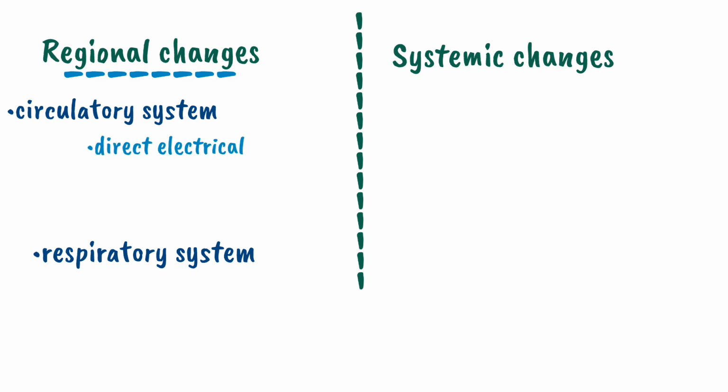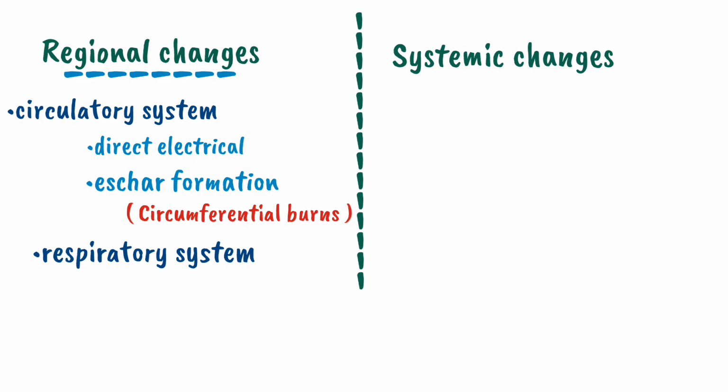That is, when there is a high tension electrical burn, it will directly compromise the circulation to the limb. Other than this, whenever there is eschar formation, meaning circumferential burns, it will compromise the blood supply to the particular limb.